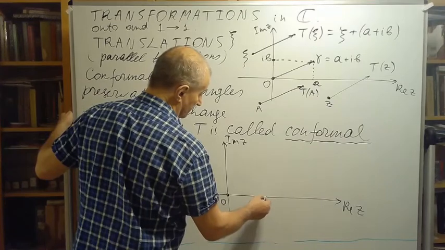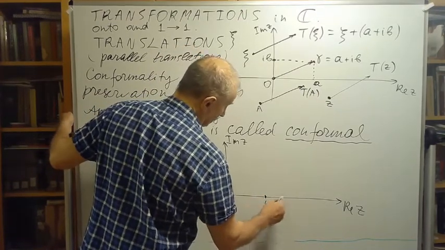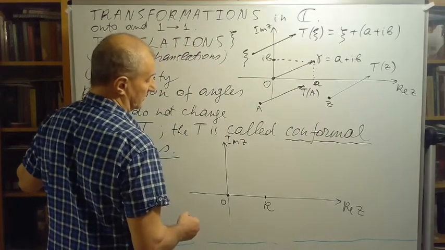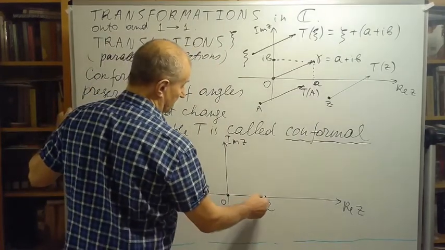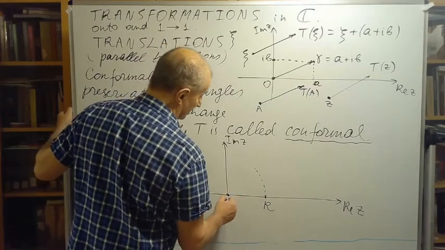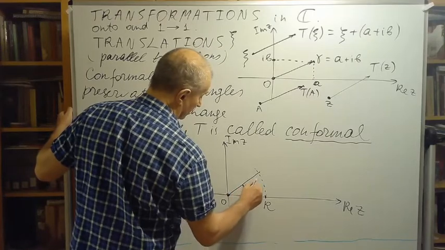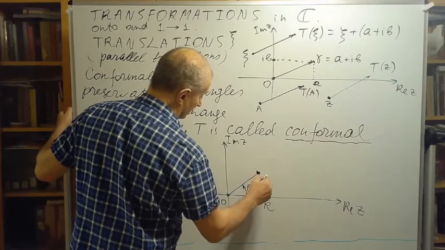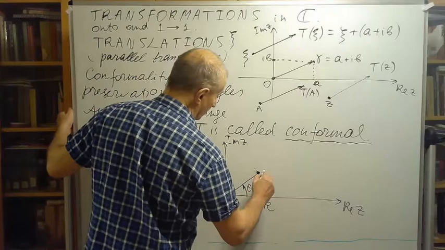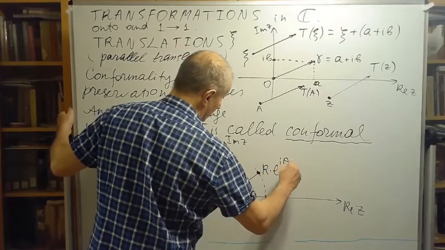So suppose this is point R, some real number. Then as a result of rotation by the angle theta, it will transform into the point R multiplied by e to the power I theta.